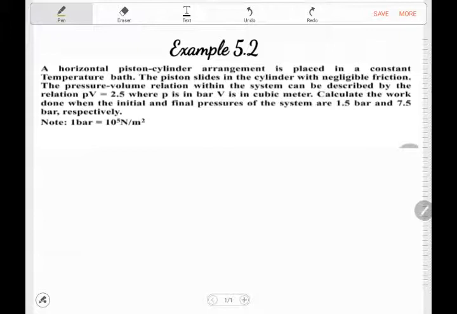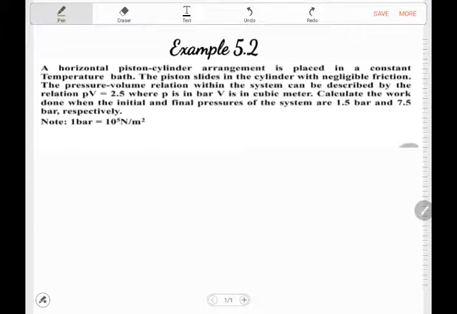Calculate the work done when the initial and final pressures of the system are 1.5 bar and 7.5 bar respectively. We are given the relation between bar and Newton per meter square.